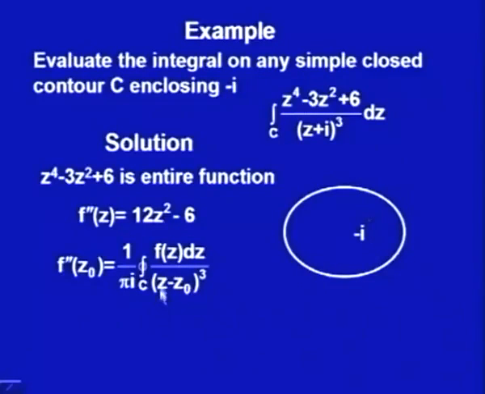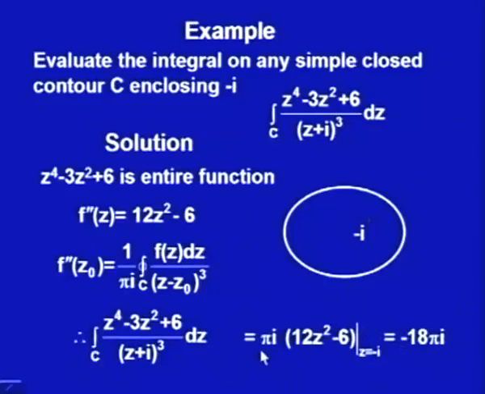The function f(z) is z to the power 4 minus 3z square plus 6. So, I would get this integral as pi i times f''(z0), that is 12z square minus 6 evaluated at z equal to minus i. When I put z equal to minus i, I get minus 12, and this minus 6, so minus 18. So, I would get the answer as minus 18 pi i.